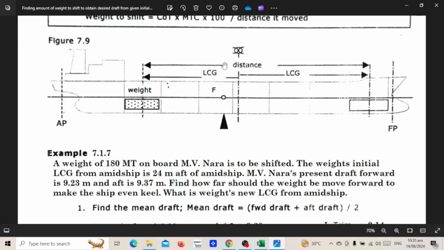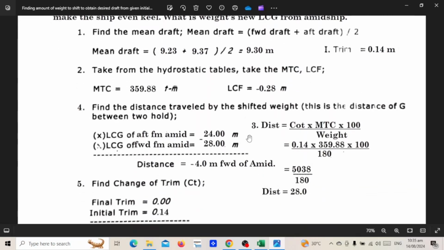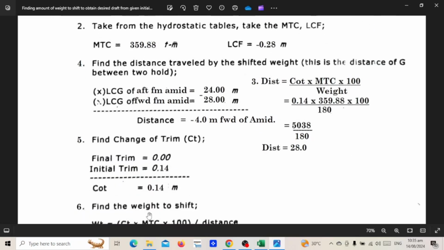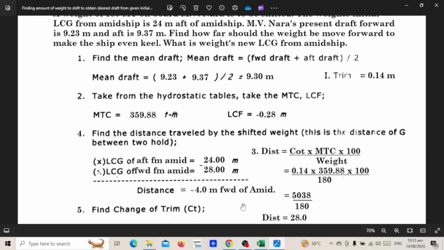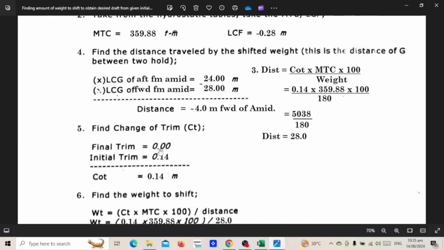From this point up to this point is 28 meters. Okay, how did we get this 28 meters? By this formula: distance equals change of trim times MTC times 100 over weight, and we got the value of 28 meters. Okay, and our initial change of trim is 0.14, because from the initial trim of 0.14, we want to make the vessel even keel, so we have a change of trim of 0.14.